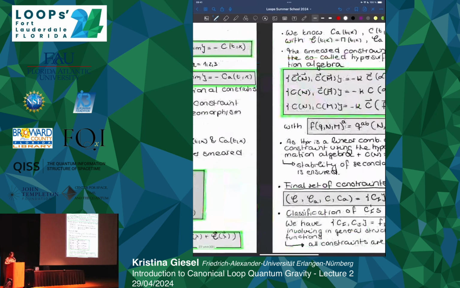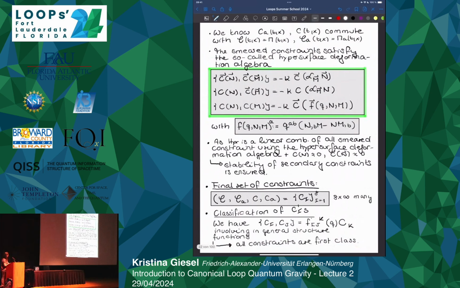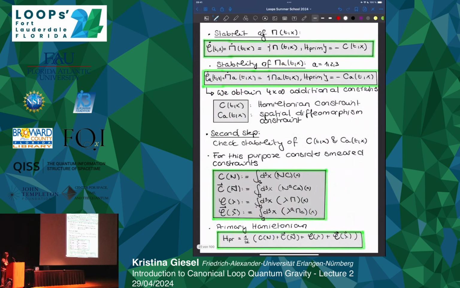And therefore, if we want to compute the dynamics of the ADM metric and its momenta, it will only be determined by C and C vector, so there is no contribution from the primary constraints.